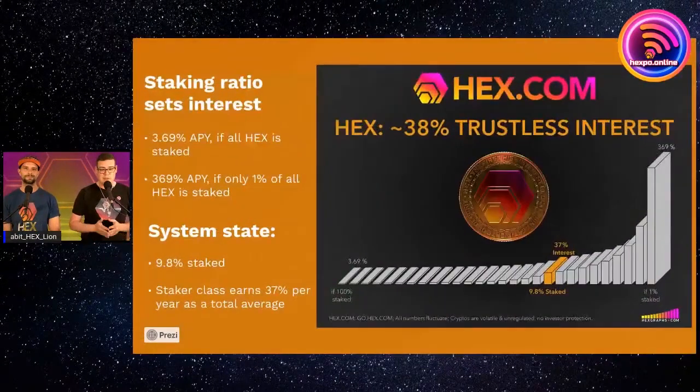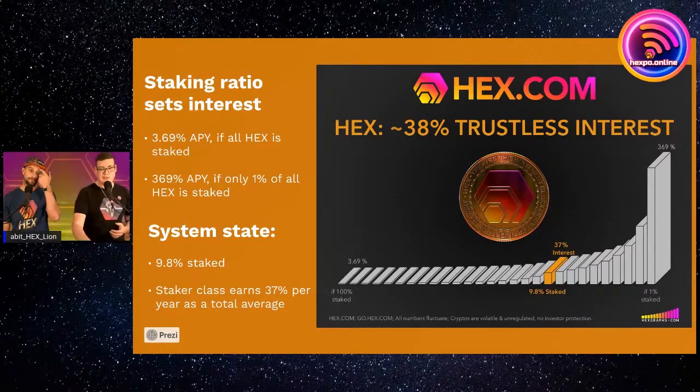Here we see if only 1% of all the HEX in existence is staked, then the payout of the total staker class, the staker class is each and everybody who is actively staking their HEX, would be 369% on average per year.